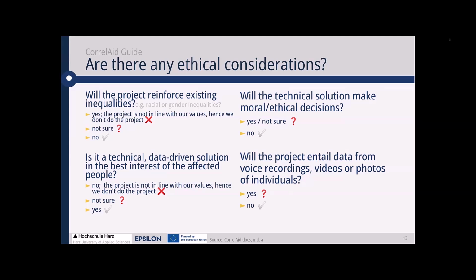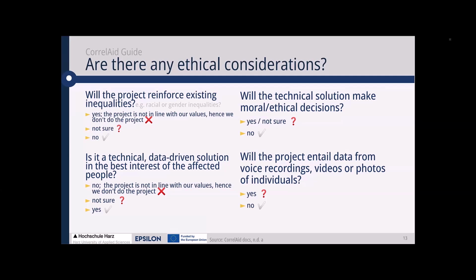But what happens if a sentiment analysis tool falls into the hands of political parties, for instance, who want to find out how voters think about them? And then you should discuss these issues within your internal organization circuits.